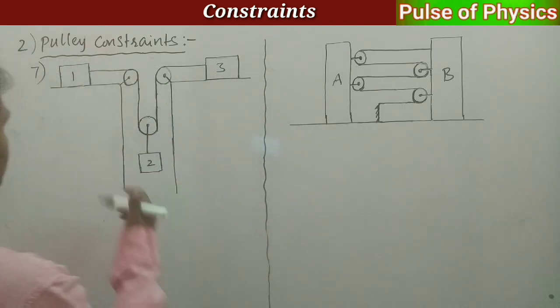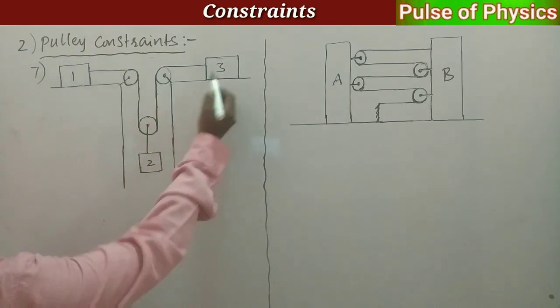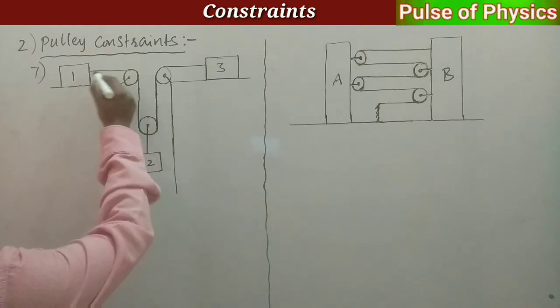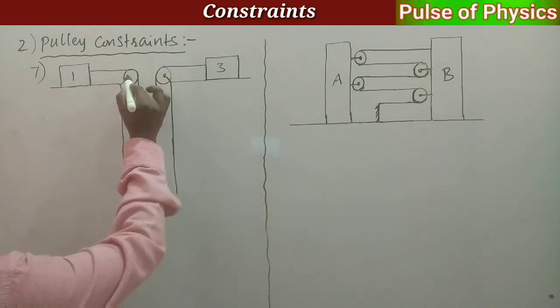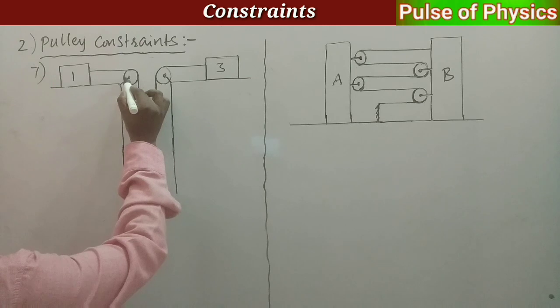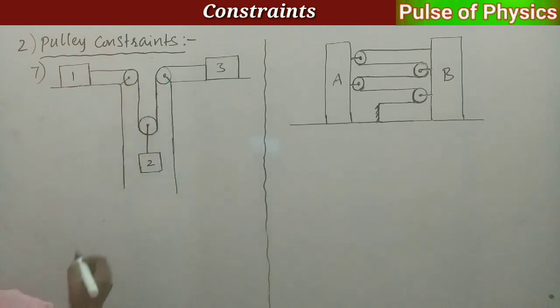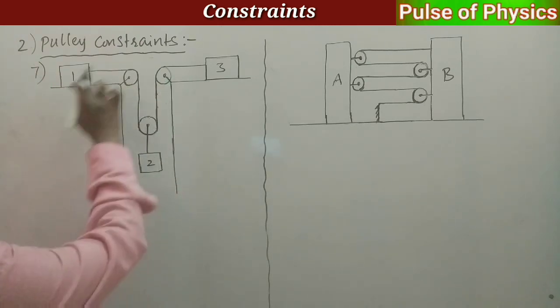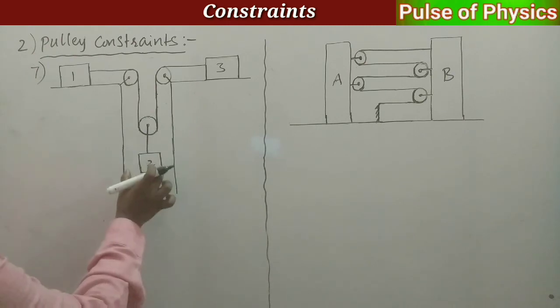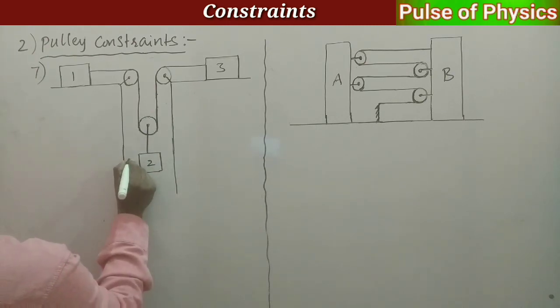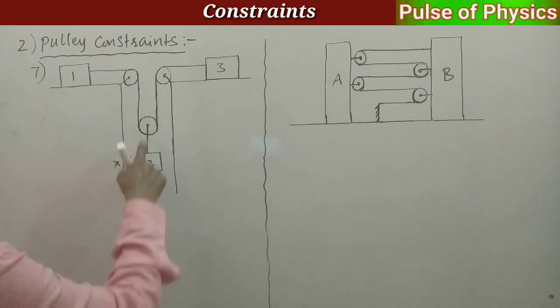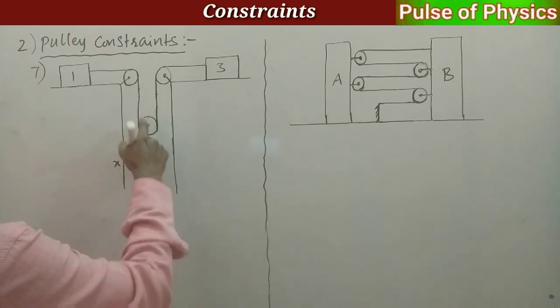Seventh problem. 1, 2, 3 blocks are connected with the help of 2 strings and 3 pulleys, 2 fixed pulleys, 1 movable pulley. Analyze motion of the system. Let us take this middle block. It moves x centimeter down. Then this is connected to pulley.